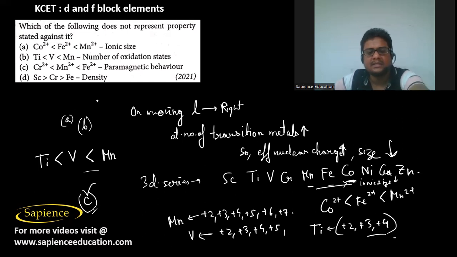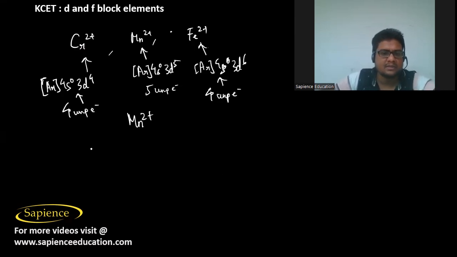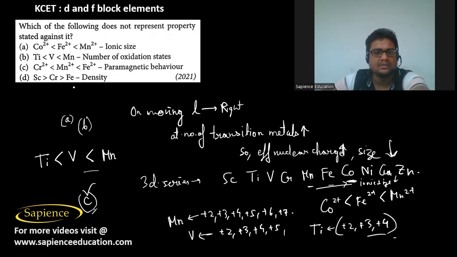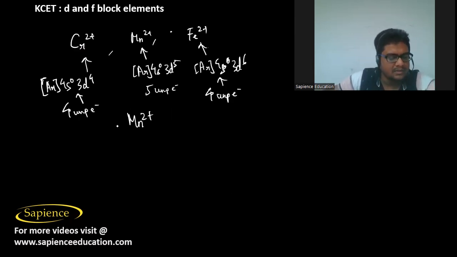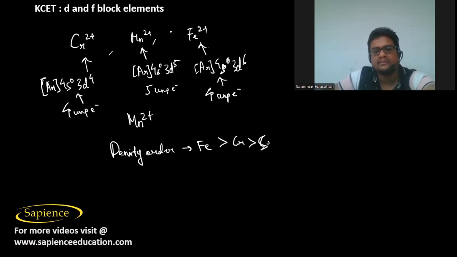And then Sc, Cr, and Fe is the density order. It is told that for scandium the density is higher, but the actual density order is Fe more than chromium more than scandium.